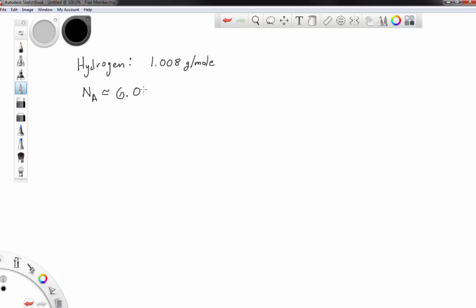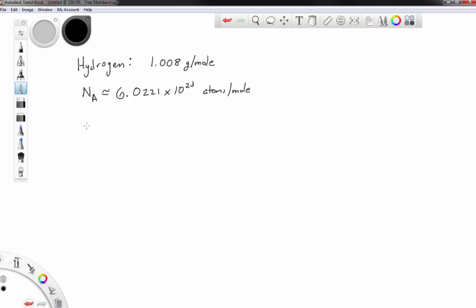So Avogadro's number is about 6.0221 times 10 to the 23 atoms per mole. If you look at the units that we have here, we have grams per mole and we have atoms per mole. So some combination of these two should get us grams per atom.